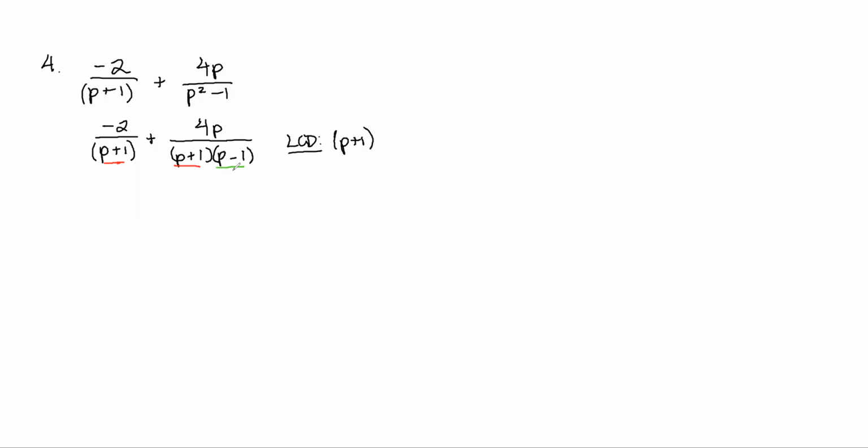Again, we have one of those just in the second fraction, but we do need to include it. Now let's rewrite our fractions with the LCD. So p plus 1, p minus 1, plus our second denominator isn't actually going to change, so that's nice.